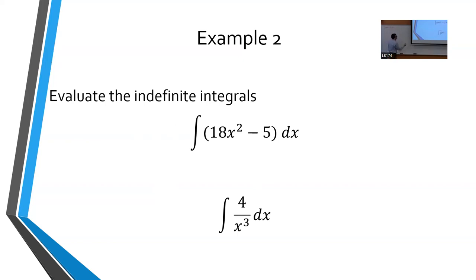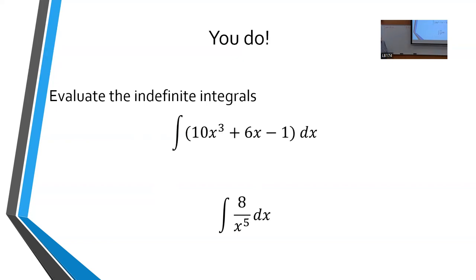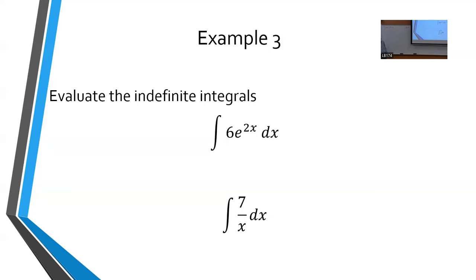And then 4 over x to the third with respect to x. I'll skip that one. Then let's also do 6 times e to the 2x and 7 over x.